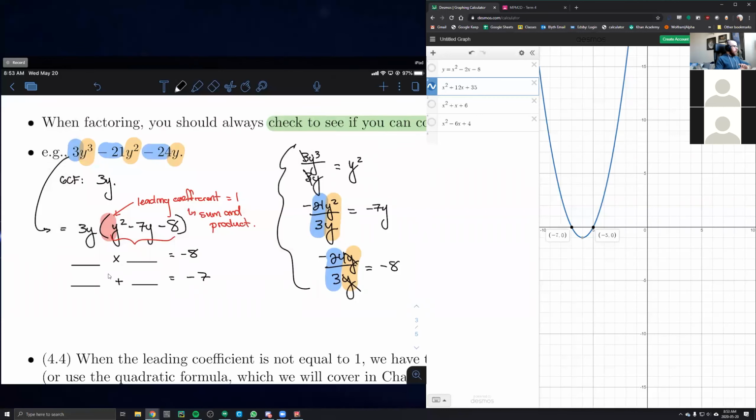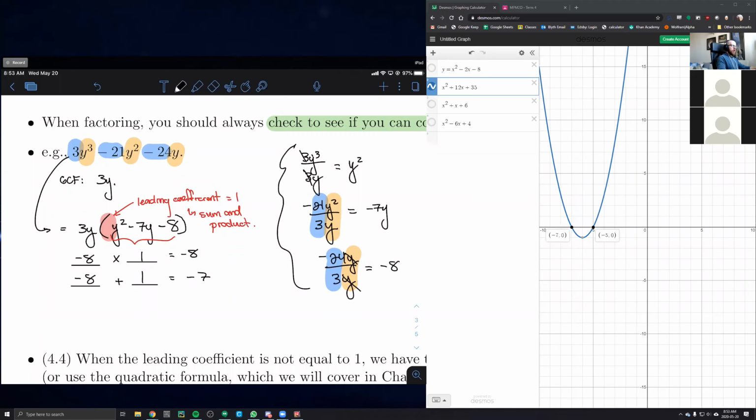Okay. This one's not so bad. I know 8 times 1 will give me 8. So if I make one of them negative, I'll get -8. And in order to add to -7, I'll be making 8 the negative number. So -8 times 1 and -8 plus 1.